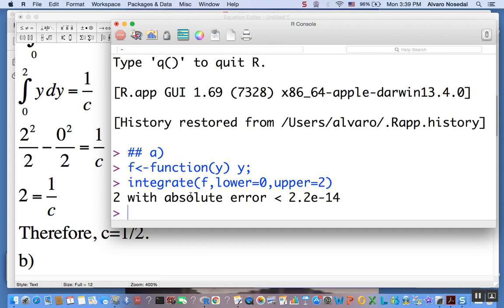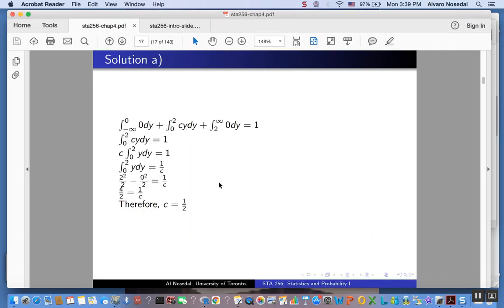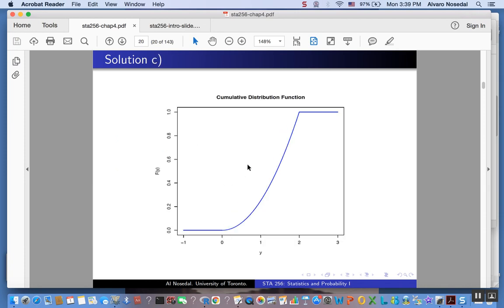If your CDF is continuous, that means that you are dealing with a continuous random variable. So for instance, in this case, remember our graph. Guess what? The CDF is continuous, so the random variable must be continuous.